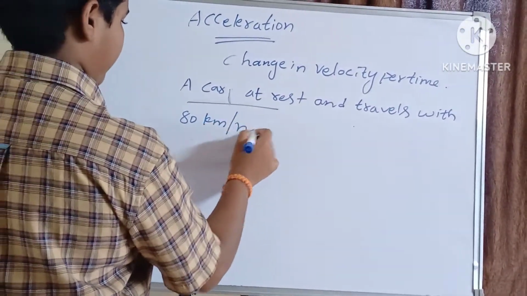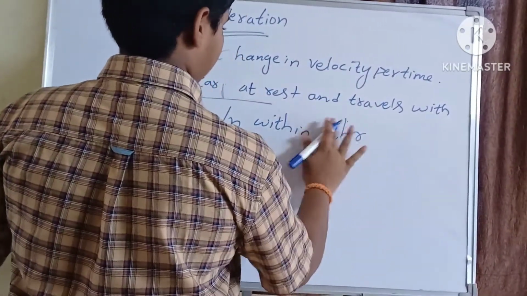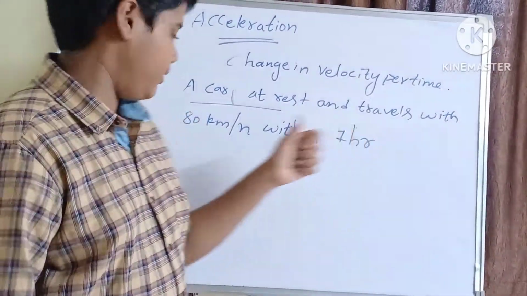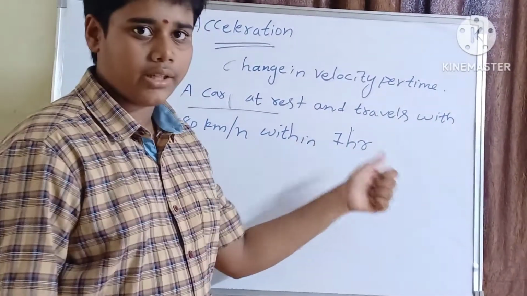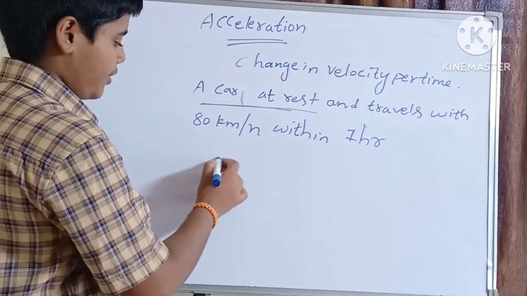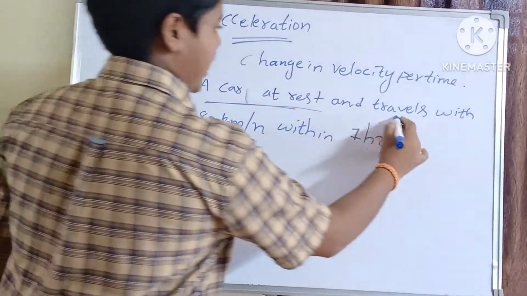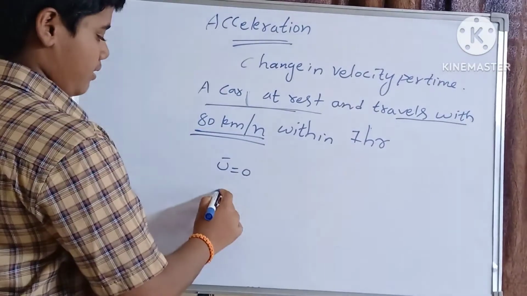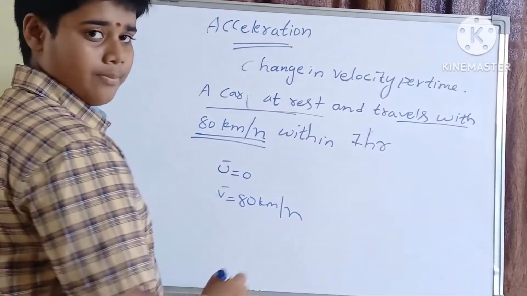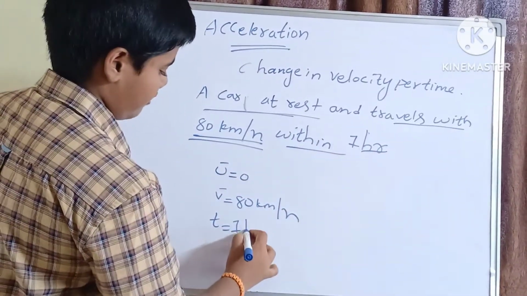The question says a car at rest means u is 0, and it travels with 80 kmph, so the final velocity is 80 km per hour, and the time is 1 hour.